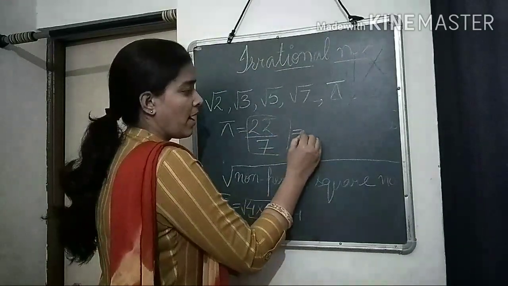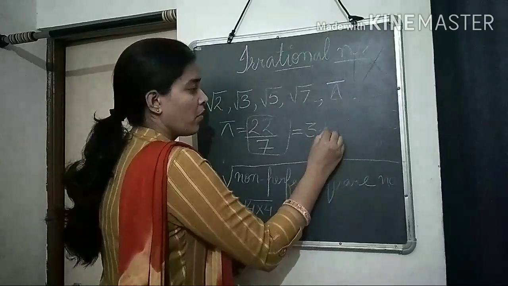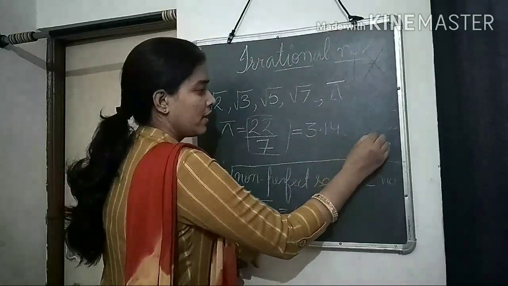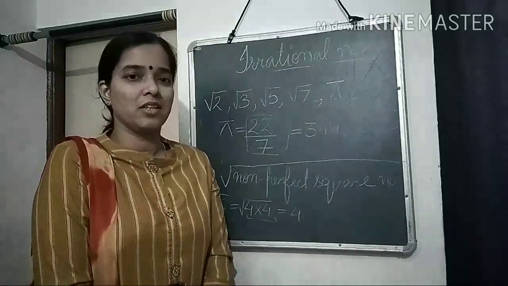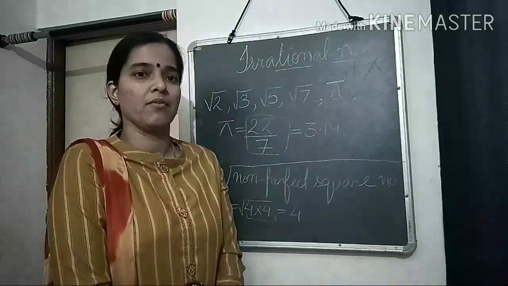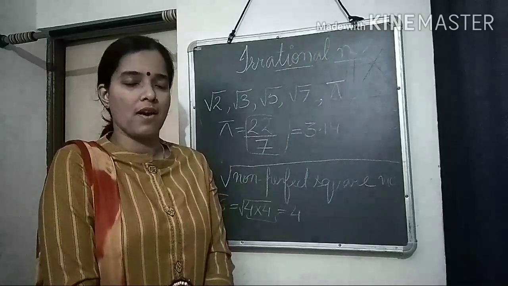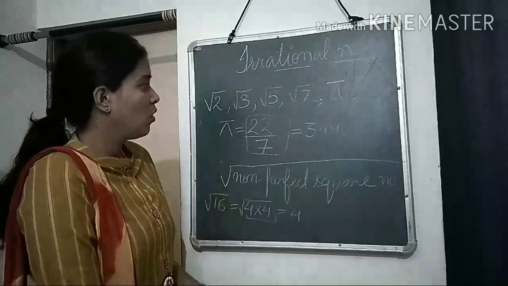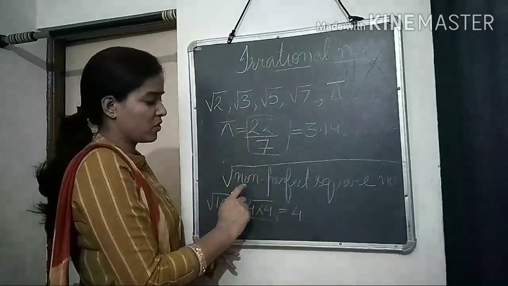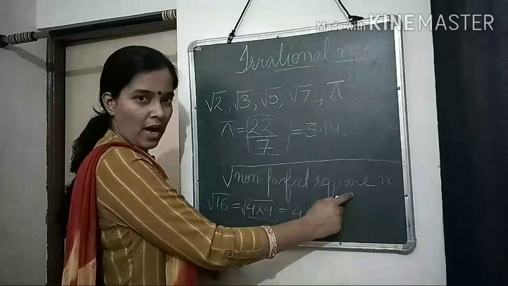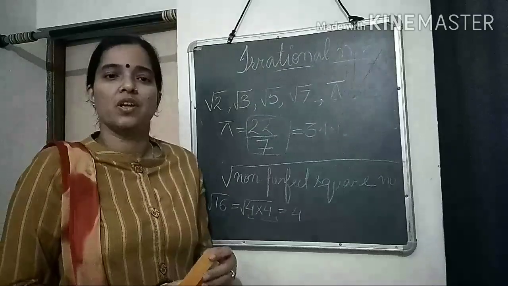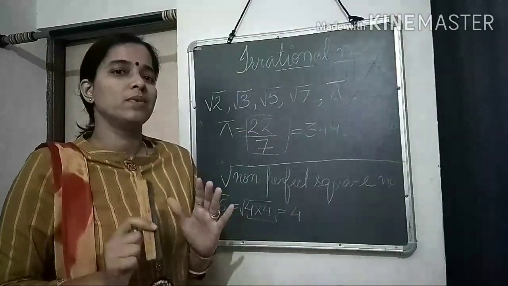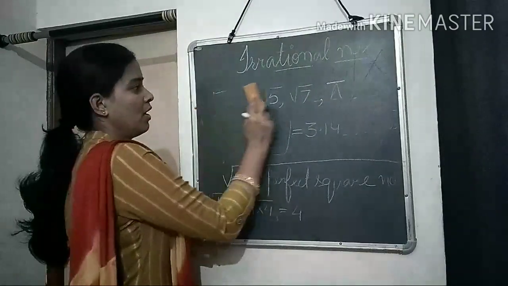The value of pi is 3.14 and it keeps on going. It is neither terminating nor repeating, which is one of the properties of irrational numbers. So, all the numbers which are non-perfect squares under the root are known as irrational numbers. I hope this is clear to you.